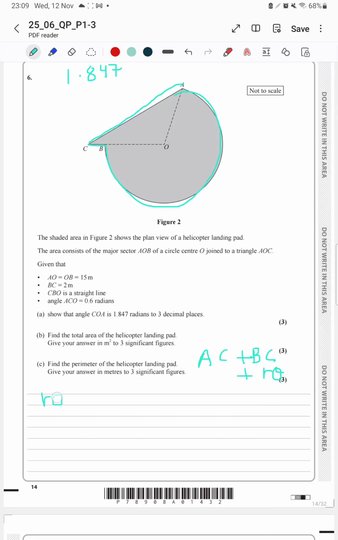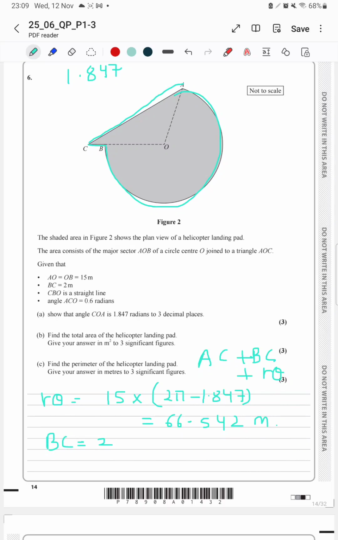So r theta is going to be 15 multiplied by 2 pi minus 1.847, and that is going to be 66.542 meters.